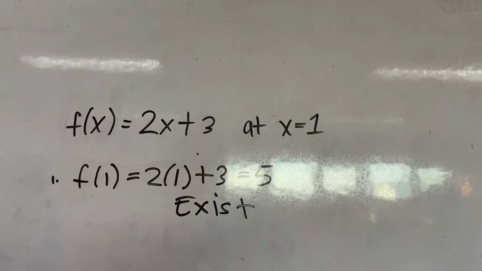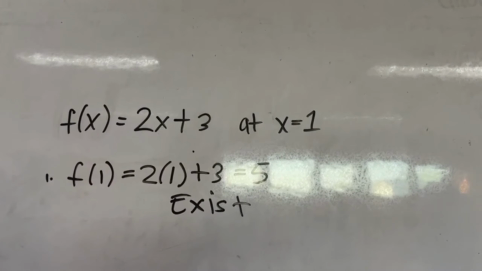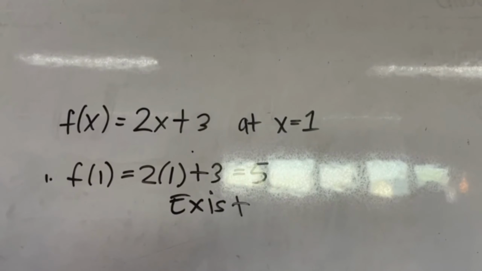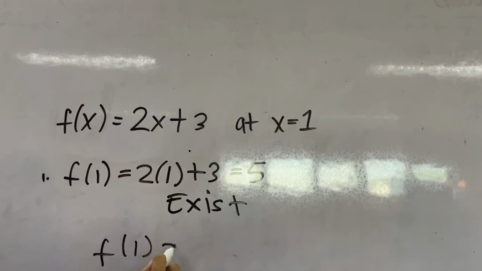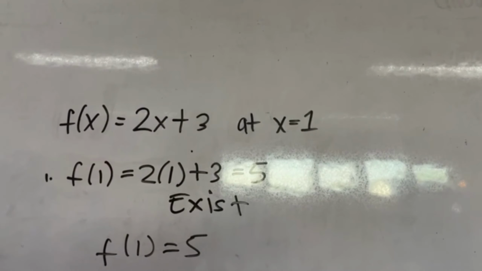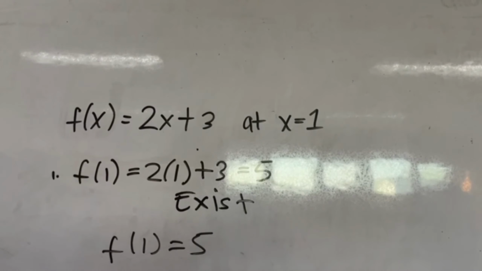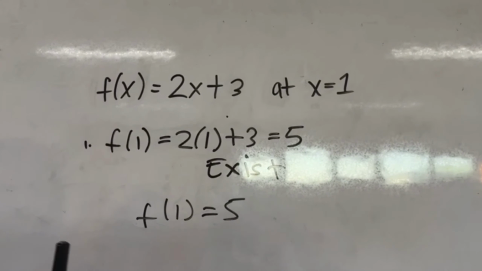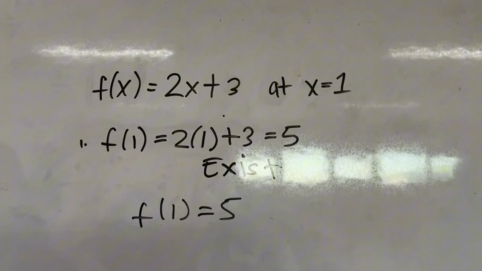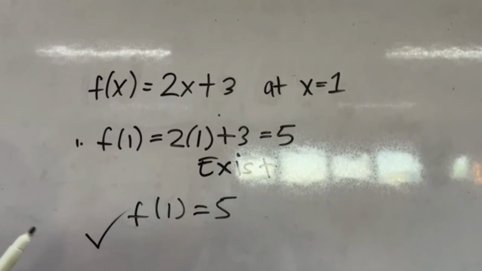The third condition is: does the value of the function equal the limit at x equals 1? Yes, since f(1) equals 5, and the limit as x approaches 1 is also 5. Since all three conditions are met, is the function continuous or not? Yes. It is continuous at x equals 1.